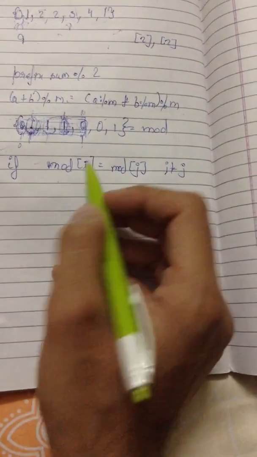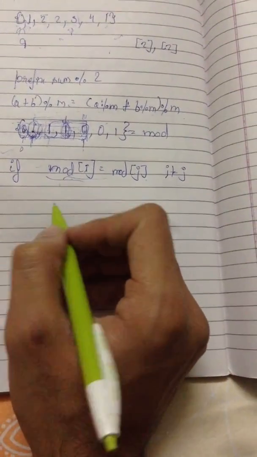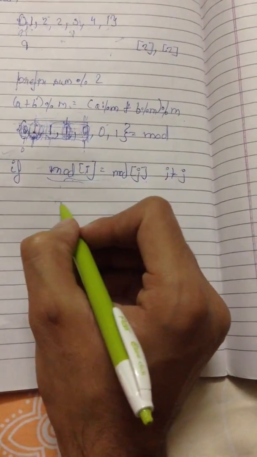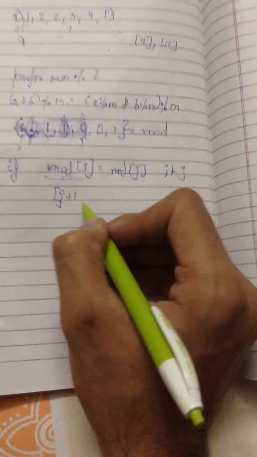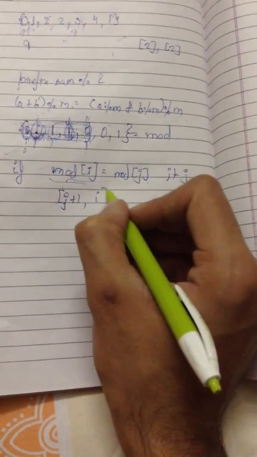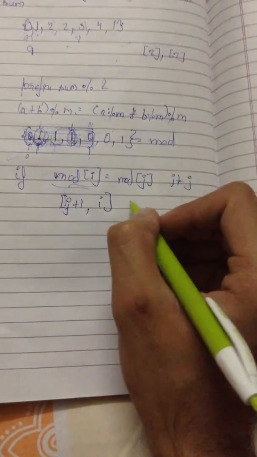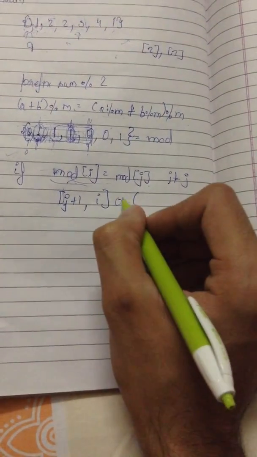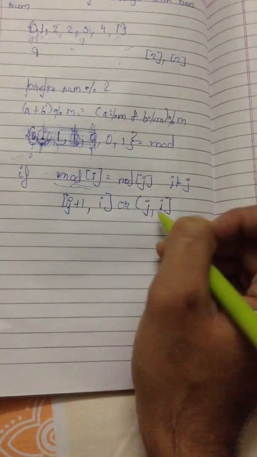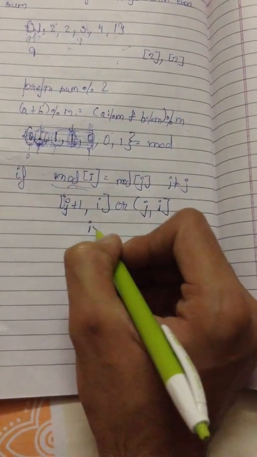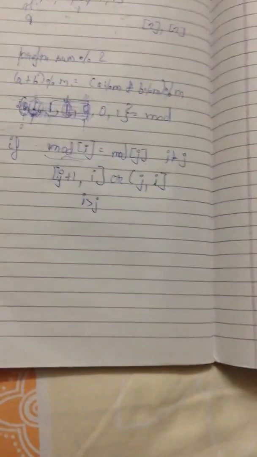Okay, so if this is the case, then we say that the subarray will be our one subarray with even sum, or like this, if i is greater than j. Okay, so like that.